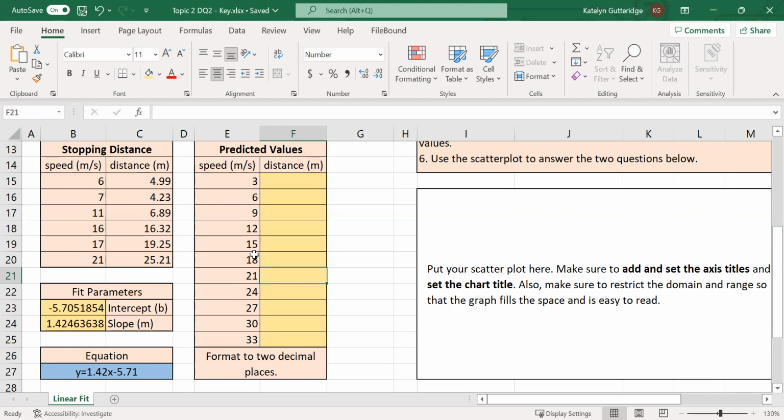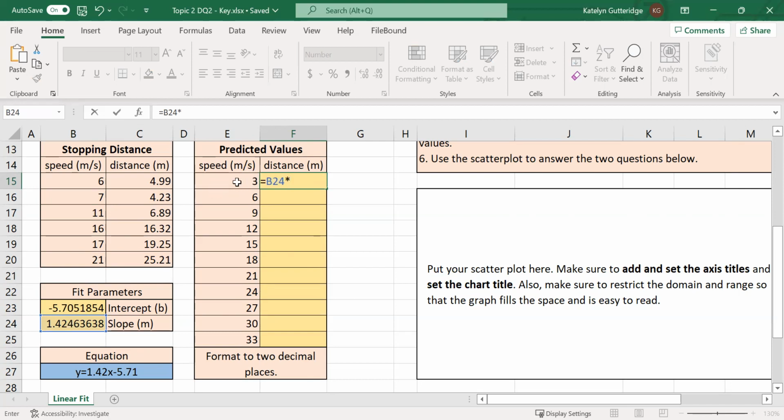Okay, so like before on the previous DQ, we are following that formula y equals mx plus b. We are starting with the equal sign. Again, I will model the first formula in this first cell, and then after that, we're going to use the autofill on the rest of them. So the formula we are following is equal sign slope times the x value. Use the x value sitting next to you.